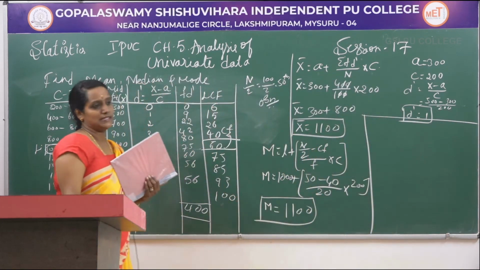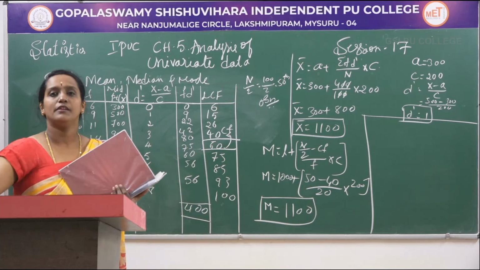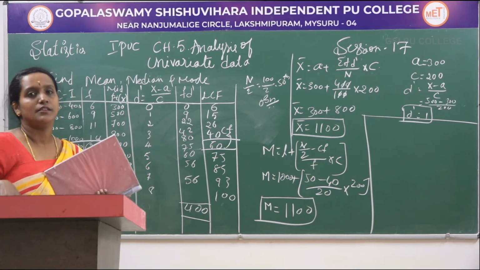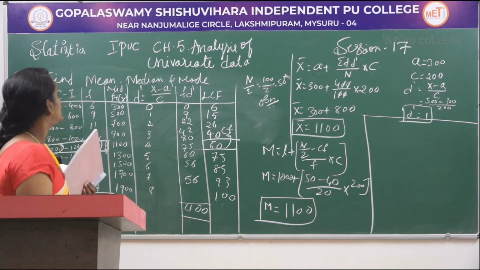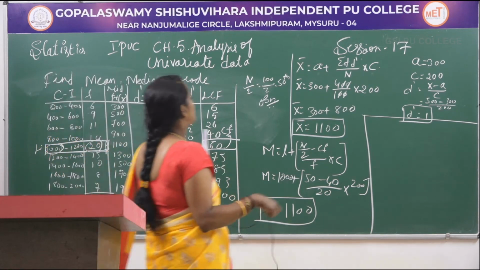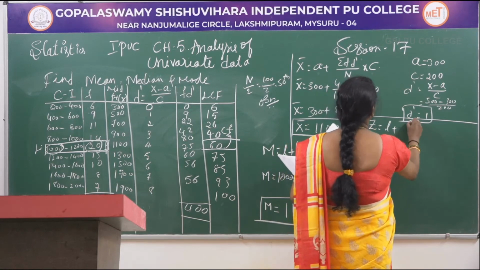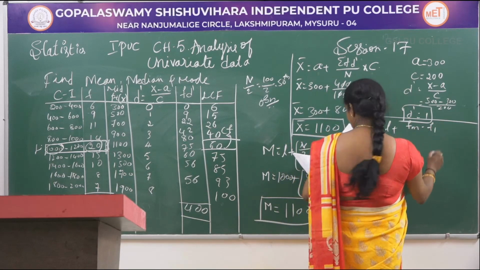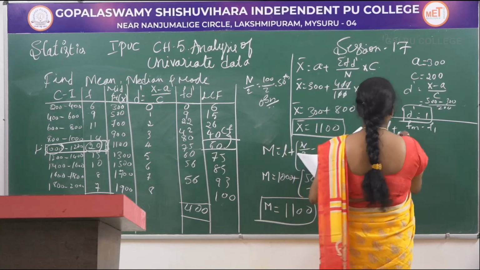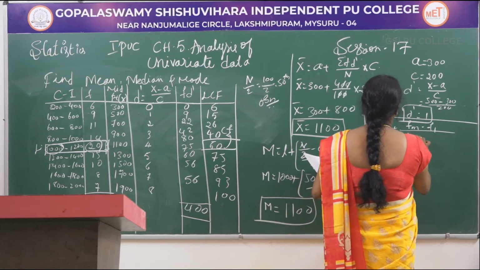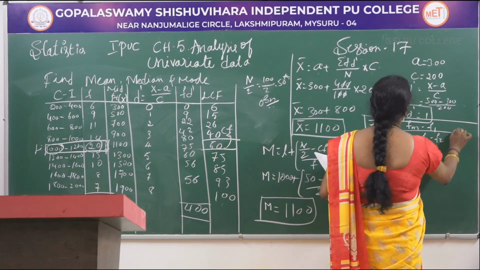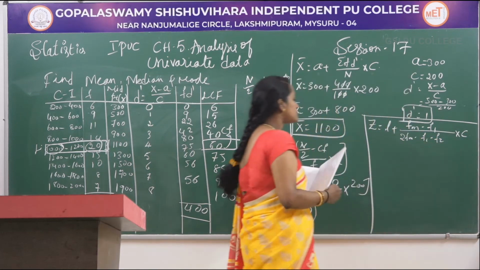And the last one is, we have to calculate the mode. To find the mode, the formula of mode is L plus (fm minus f1) divided by (2fm minus f1 minus f2) into c.